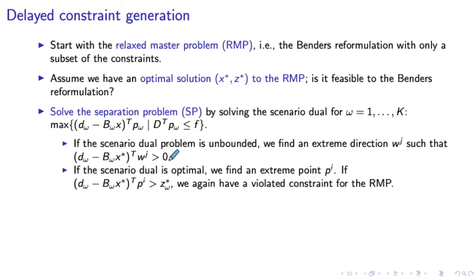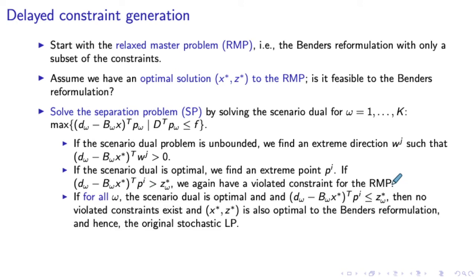Or if the scenario dual is optimal, we are going to find an extreme point Pi that is optimal, and again, if we are violating one of the constraints of the Bender's reformulation, then we are going to generate a new constraint like this, and we'll update our relaxed master problem and proceed to the new iteration.